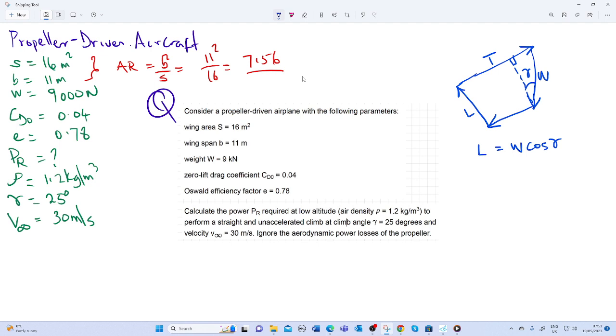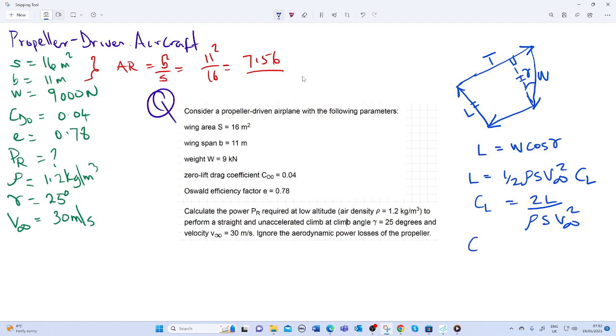So for our lift to be equal to the weight multiplied by cos gamma, then we can deduce that if the lift equation gives us half rho S V squared CL, then CL equals 2L over rho S V squared.